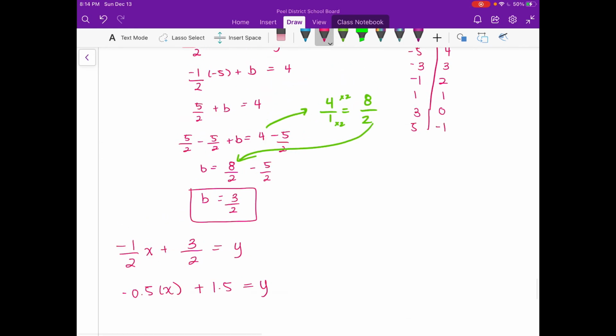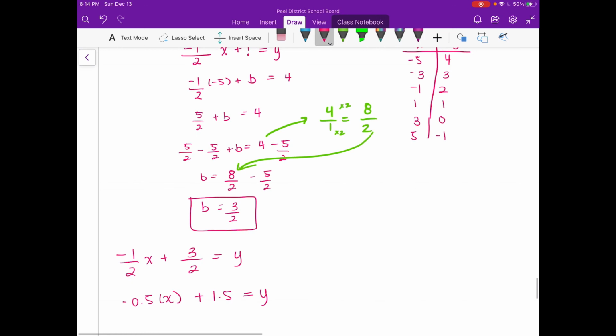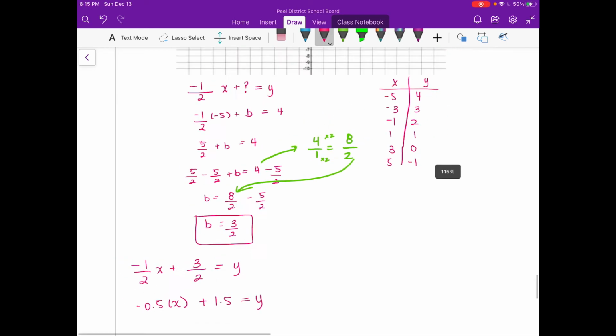So I did that with negative 5. Let's try it with negative 3. So let's do negative 0.5 times negative 3, and I'm just plugging it into my calculator, plus 1.5 will give me 3. So it worked. Let's try it again with negative 0.5 times negative 1 plus 1.5, 2. And if I go on, so on and so forth, it always works out for me.